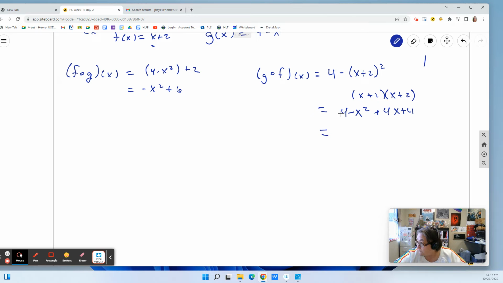So I have 4 plus 4 is 8. I have minus x squared plus 4x plus 8. Right, but I just worked that math out. It's not that big of a deal, right? We just squared the x plus 2 and made sure that that 4 was added to it.